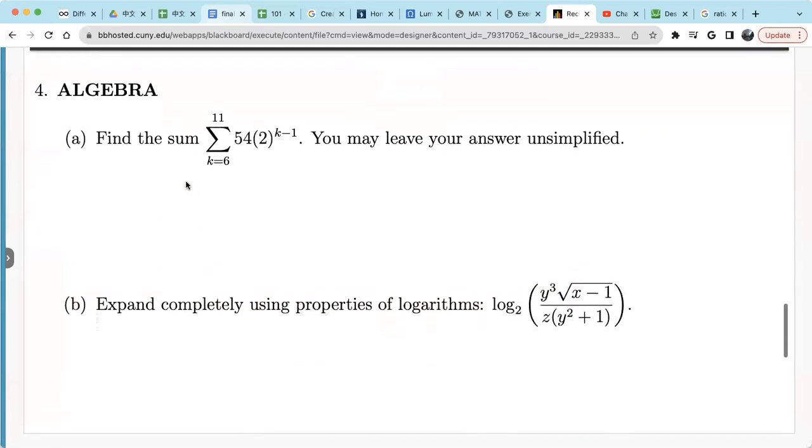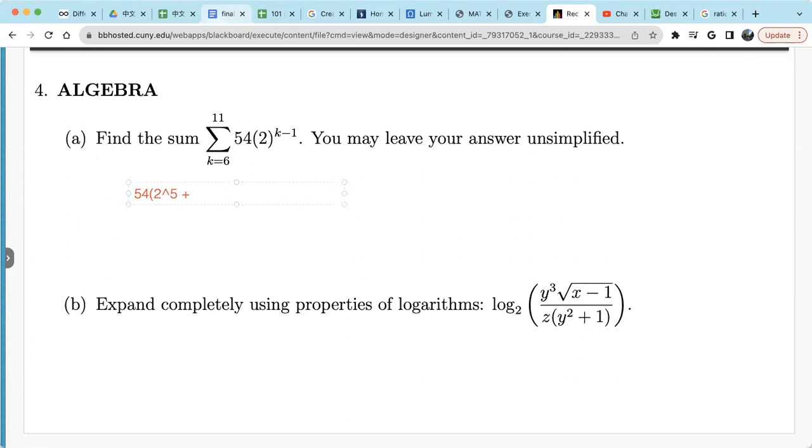Now let's see the summation sign. We want to find the sum of this, so we don't need to simplify. Let's see, how do we do this? Well, starting from 6, we have 54. We can leave 54 outside because 54 is a factor of everybody. Because I have 2 raised by k minus 1. So k, we start with 6. 6 minus 1, which is 2 raised by 5.